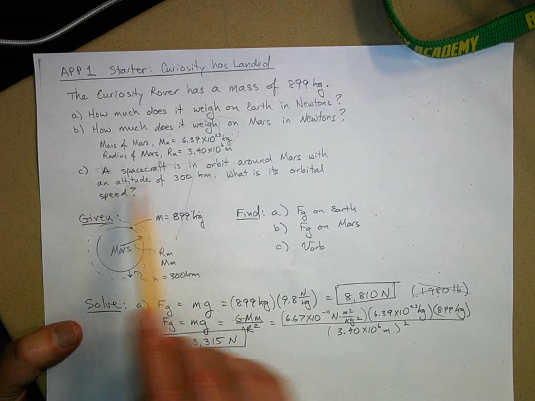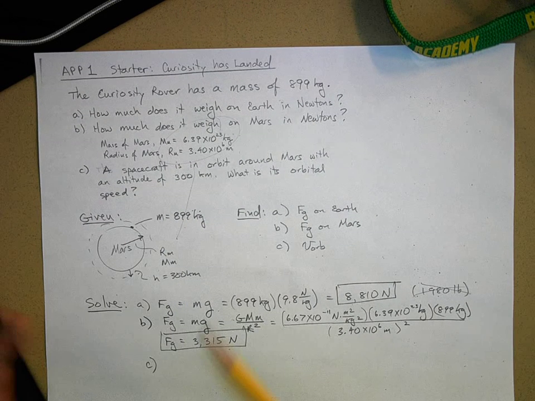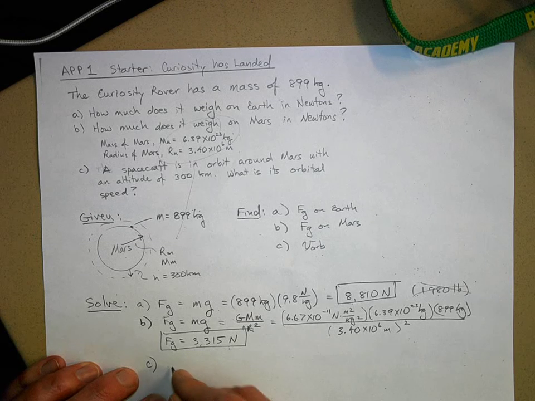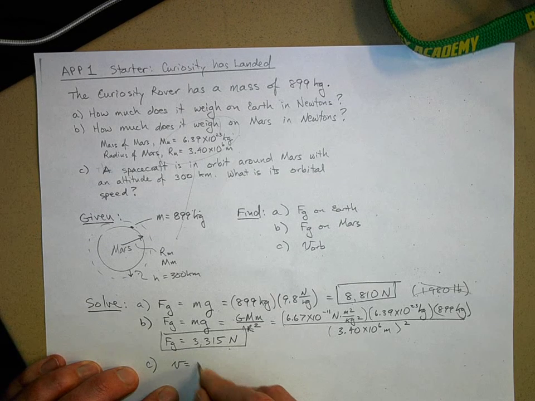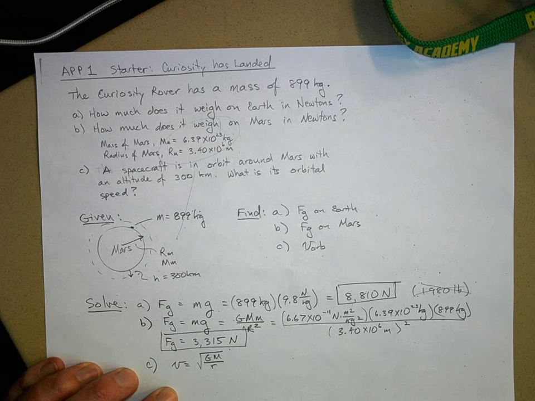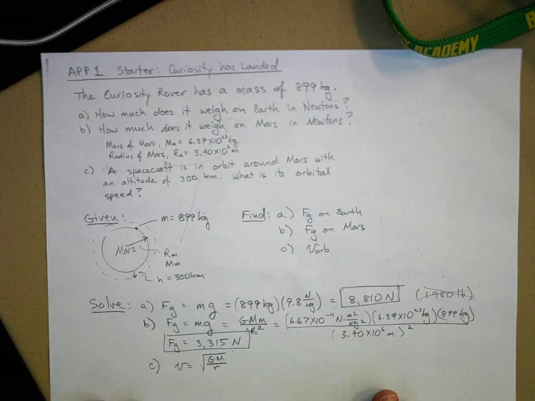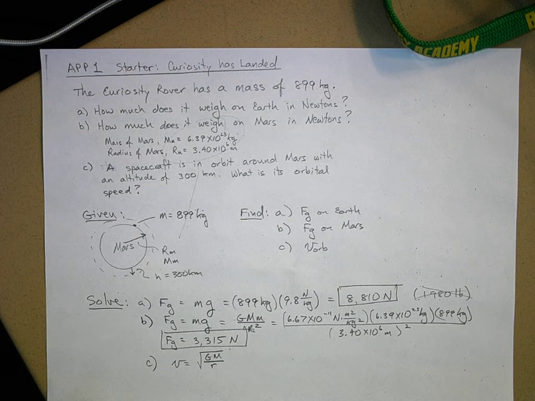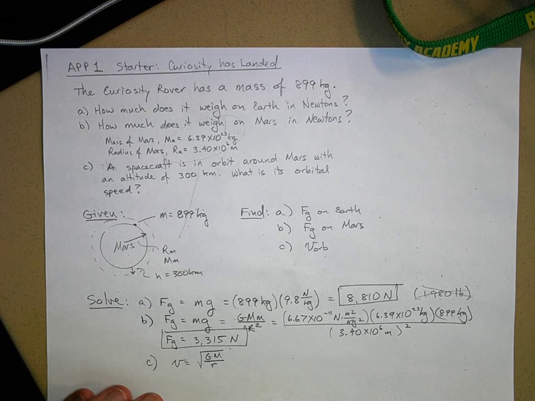But anyway, a spacecraft is in orbit around Mars with an altitude of 300 kilometers. So we know that the orbital velocity equation is the square root of GM over r. That should be on your equation list. I see some of you smiling.